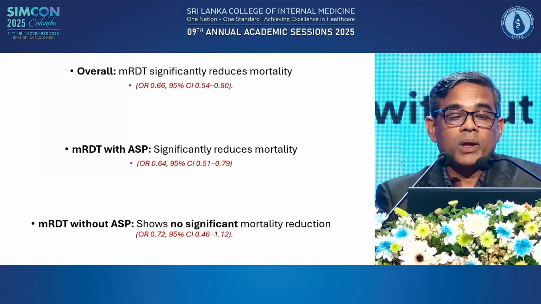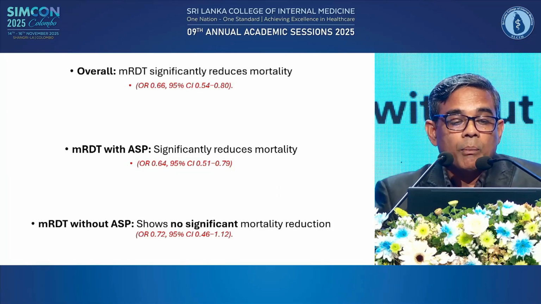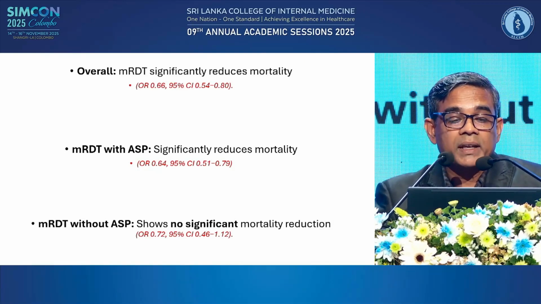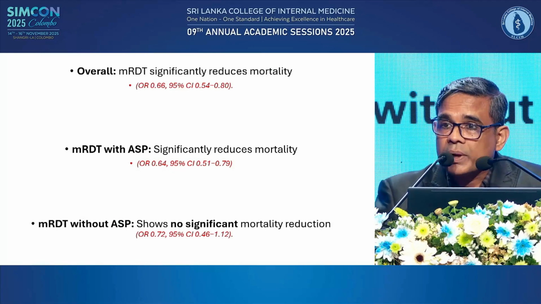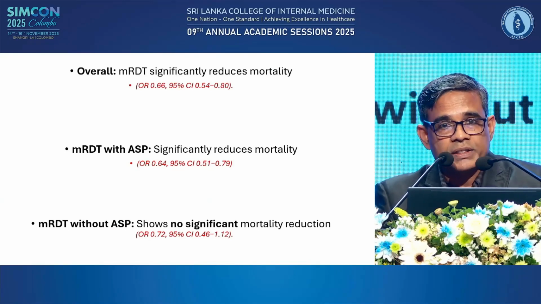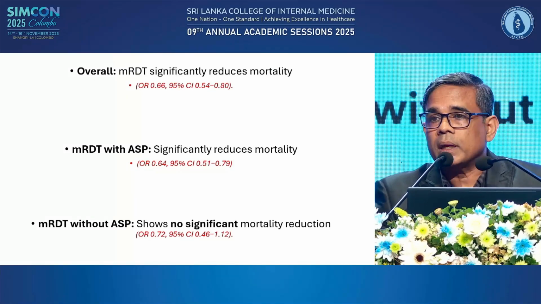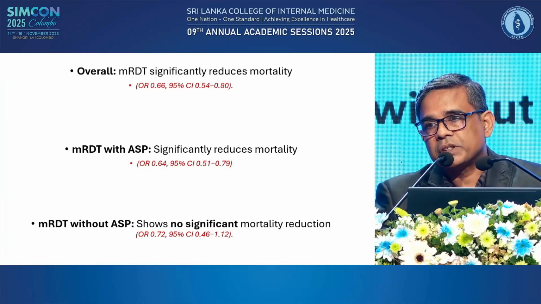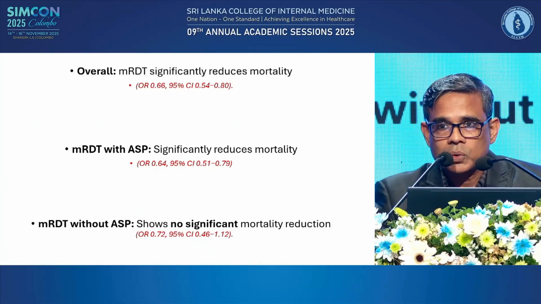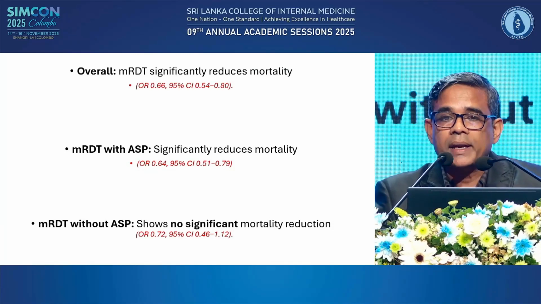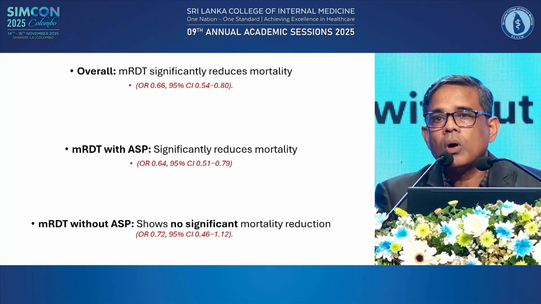Overall, molecular rapid tests significantly reduce the mortality, and when modern molecular rapid diagnostic tests are associated with antimicrobial stewardship programs, they reduce the mortality. But even if you use modern diagnostic tests without incorporating them into antibiotic stewardship programs, there is no significant reduction in mortality. Therefore, whatever you do with modern microbiological tests, it has to be incorporated into antibiotic stewardship programs for a better outcome.